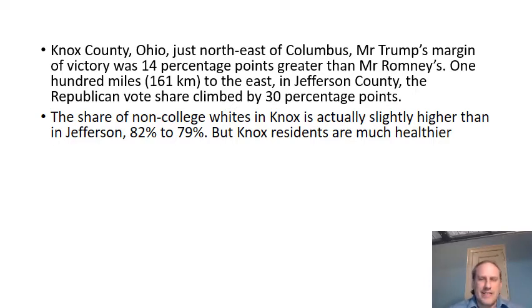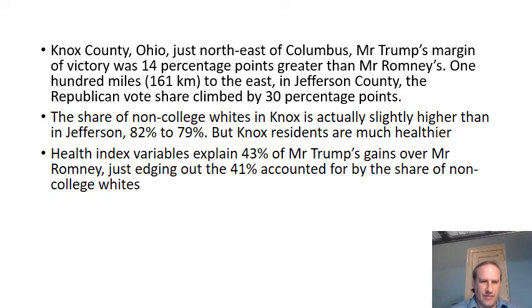But the residents of Knox, where the jump for Trump was far less, are much healthier. Health index variables explain 43% of Trump's gains over Mr. Romney, just edging out the 41% accounted for by the share of non-college whites.